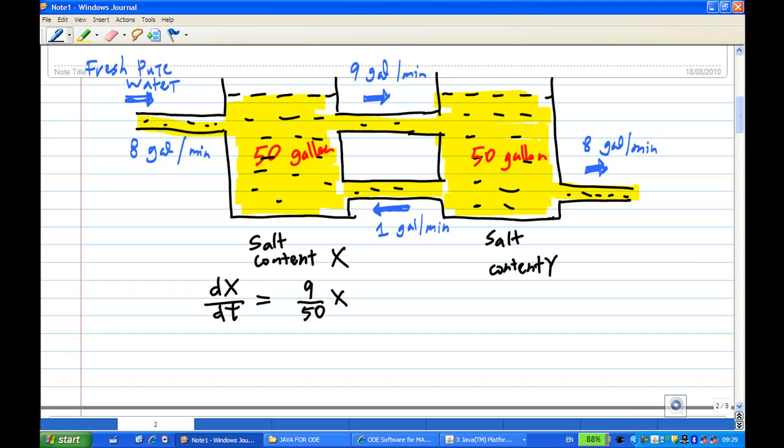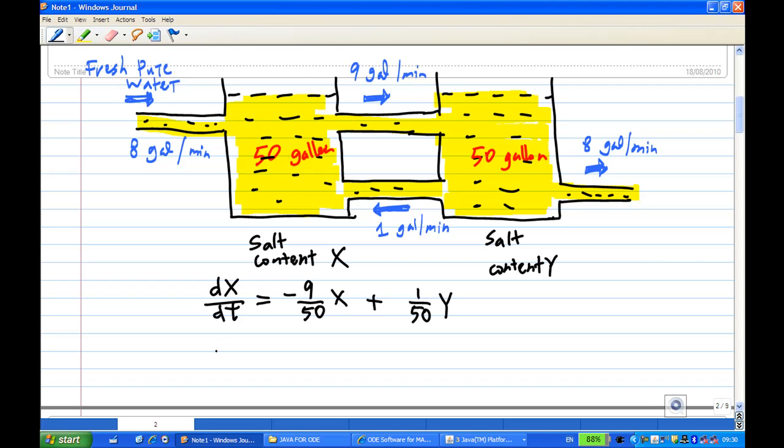Since it's going out, there's a negative, this is decreasing. And also, tank number 1 receives 1 gallon per minute from the second tank. So the amount of salt it receives is 1 out of 50 times y, assuming that the content is well stirred.